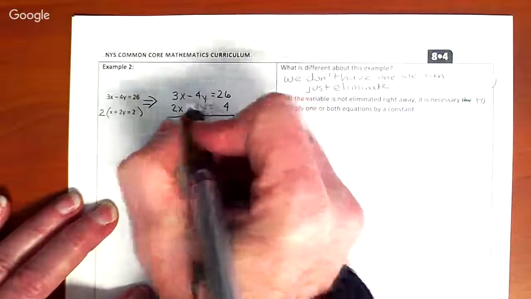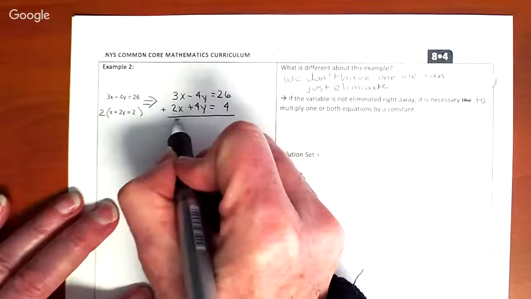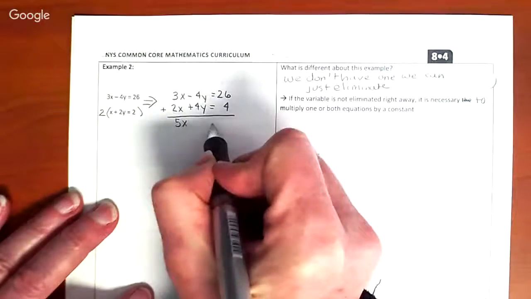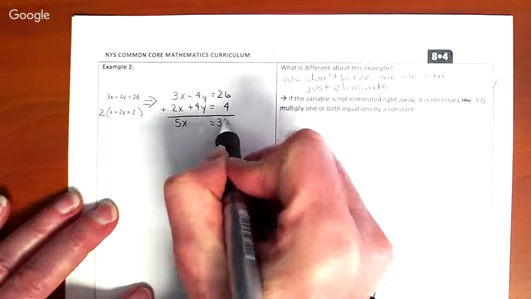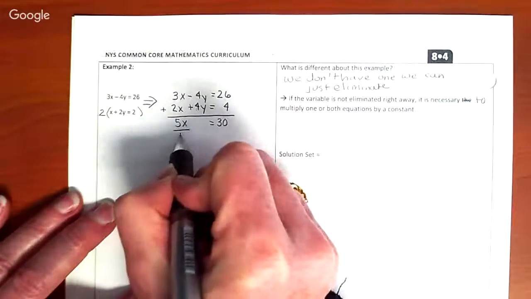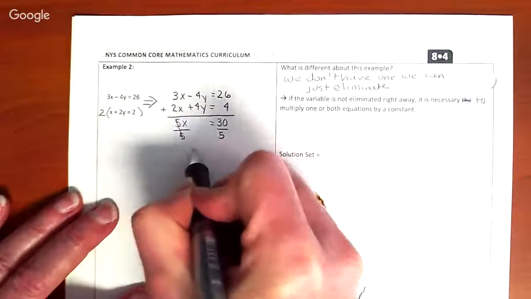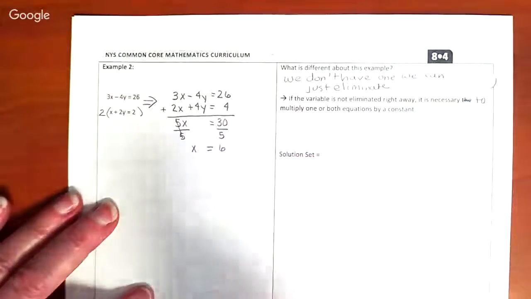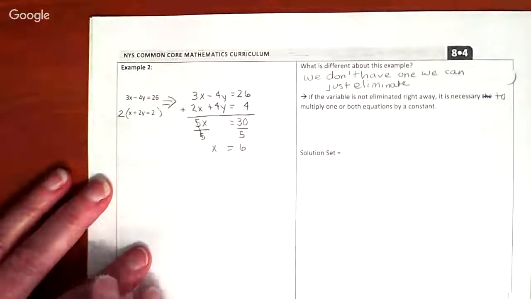So now when I add the equations, I will have 5x equals 30. Now I will divide both sides by 5. x will equal 6.